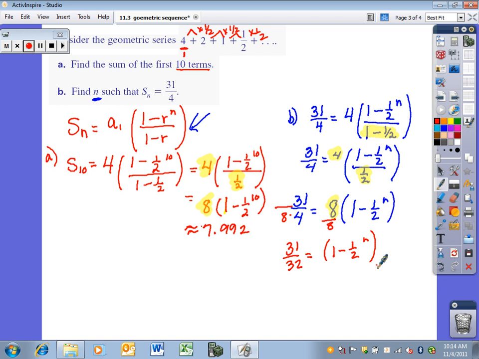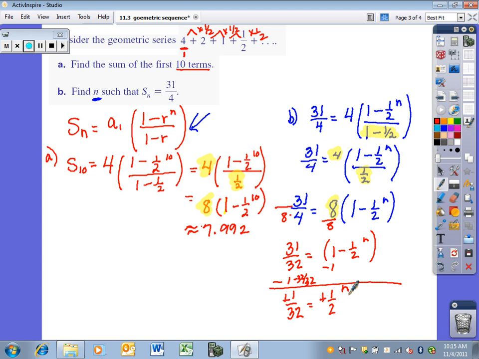So now I need this nth thing alone, so I subtract 1. So this becomes 32 over 32 negative, plus 31 over 32 is negative 1/32 equals negative 1/2 to the nth. The negative should be a positive.